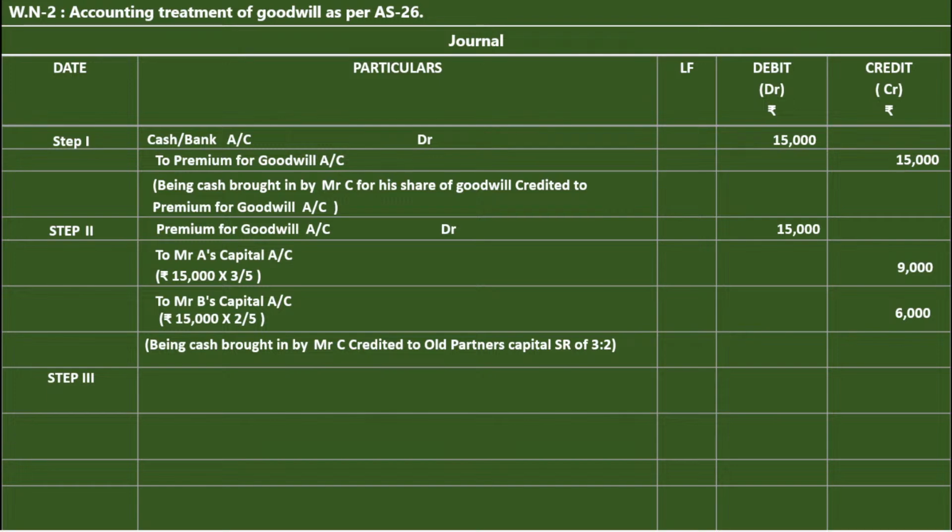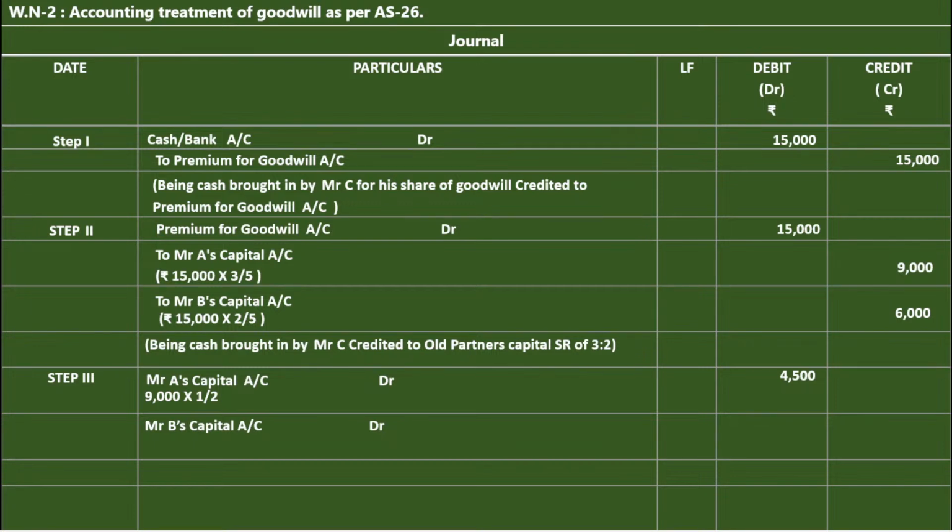Let us start. Who has withdrawn the money? Mr. A. Debit the receiver. Mr. A's capital account debit 9,000 into, why 9,000? Mr. A's goodwill is 9,000. Its half is 9,000 into 1 by 2. It is 4,500. Next, Mr. B's capital account debit.